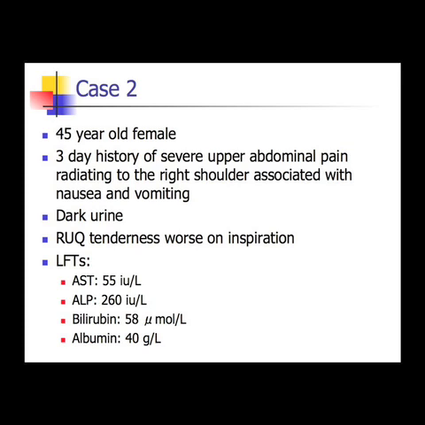That's right, the first place where it might be detectable. Now, if we take a look at the AST and alkaline phosphatase, we can see that the AST is slightly raised, but the alkaline phosphatase is markedly raised, and more so in proportion to the AST. So this points towards more of a post-hepatic or cholestatic cause. Which is exactly what we were thinking with the dark urine.